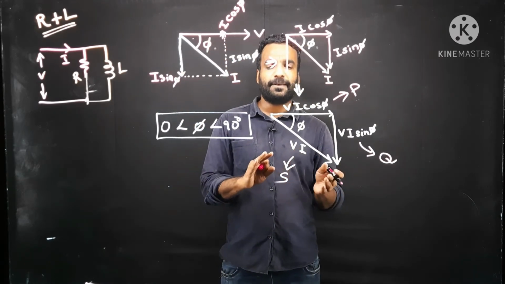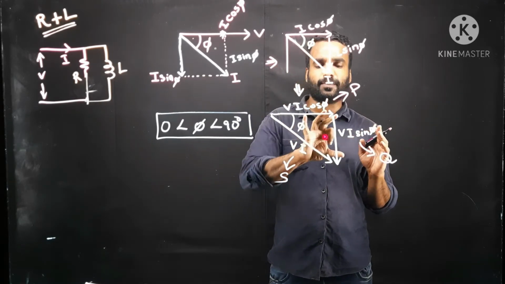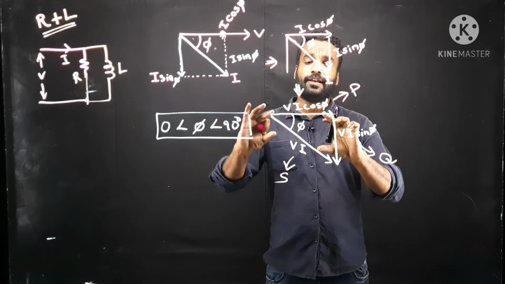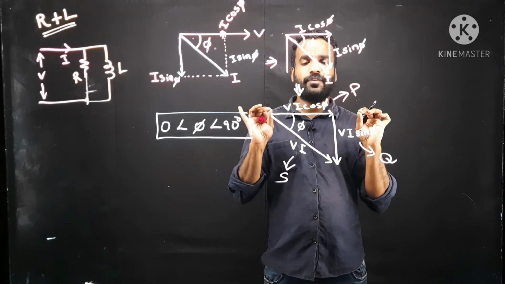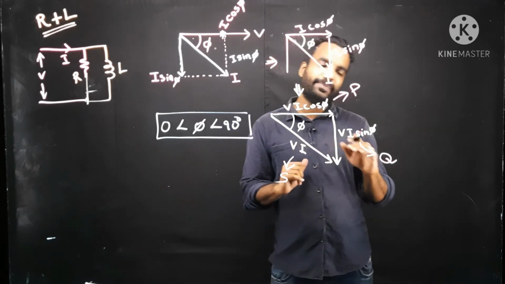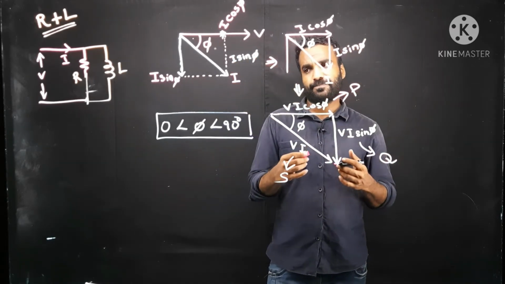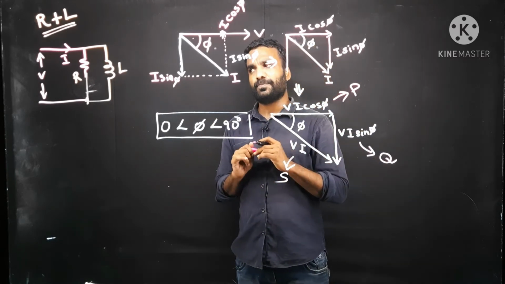Here the angle is somewhat 45 degrees, so we are getting both real power and reactive power. If the angle is 0 degrees, we will get only real power. If the angle is 90 degrees, we will get only reactive power. So that is the concept. Is it clear for you?